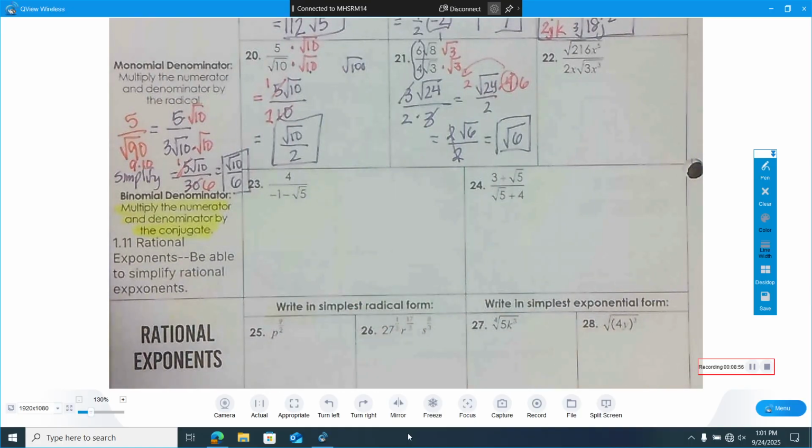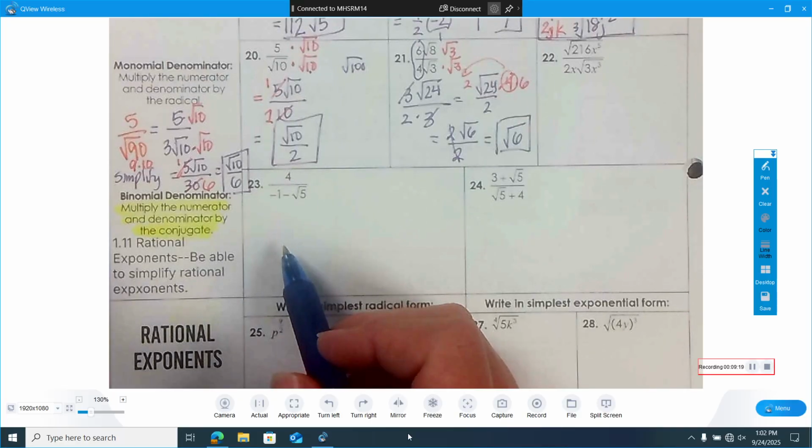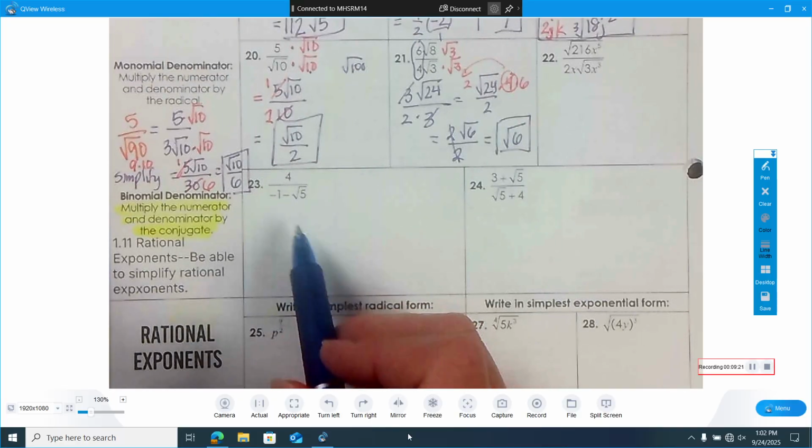Again, the goal is that we don't like to have radicals in the denominator. Admittedly, I will tell you it's kind of an antiquated rule because we have calculators, and I can totally put a radical in the denominator and get an approximation, right? I can do that with my calculator. But once upon a time, trying to figure out the value of something before calculators, BC.